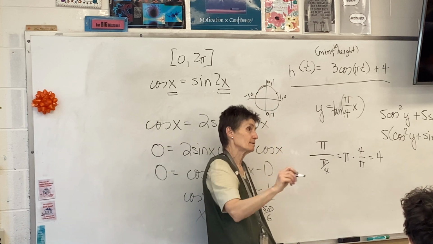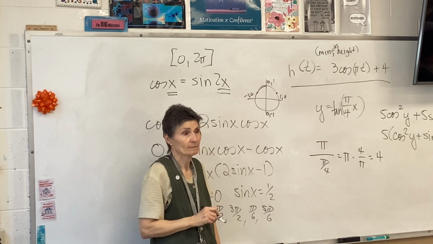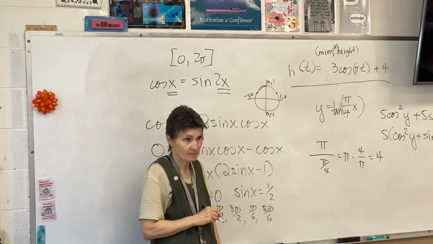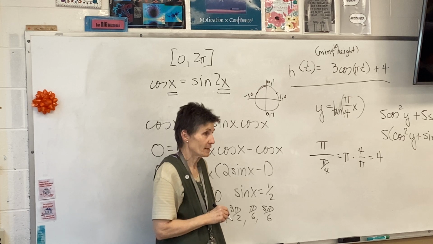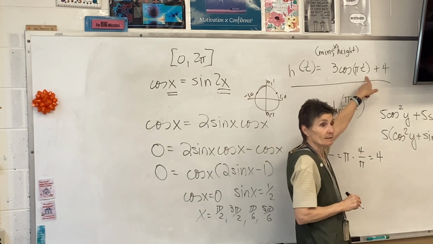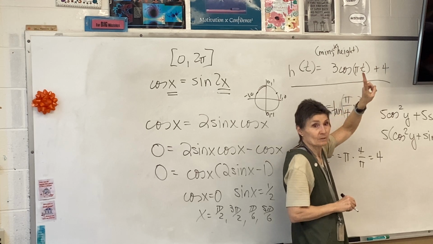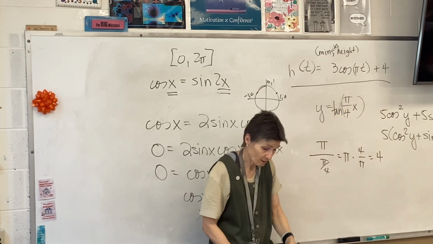Don't overthink it. Wouldn't a full revolution be a period? Aren't I just asking you what the period of that is? And how do you find period? Cosine. So it's 2 pi divided by pi. So how long does it take it? 2 minutes. Go all the way around.